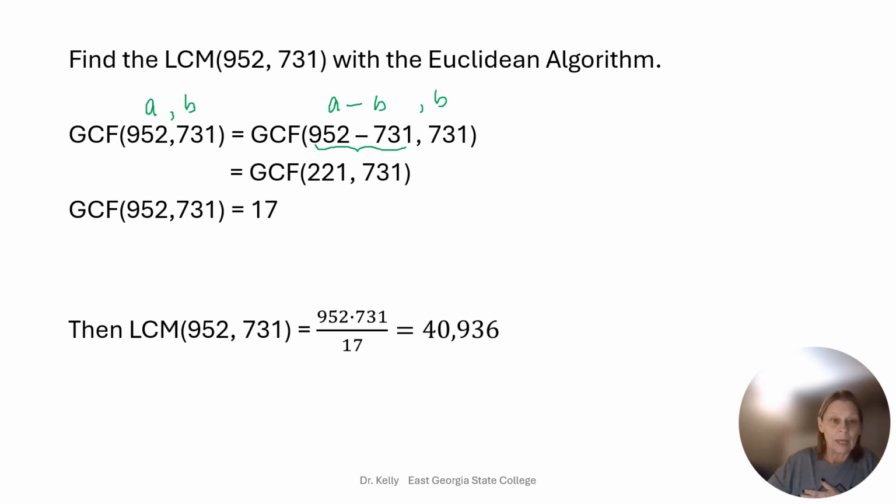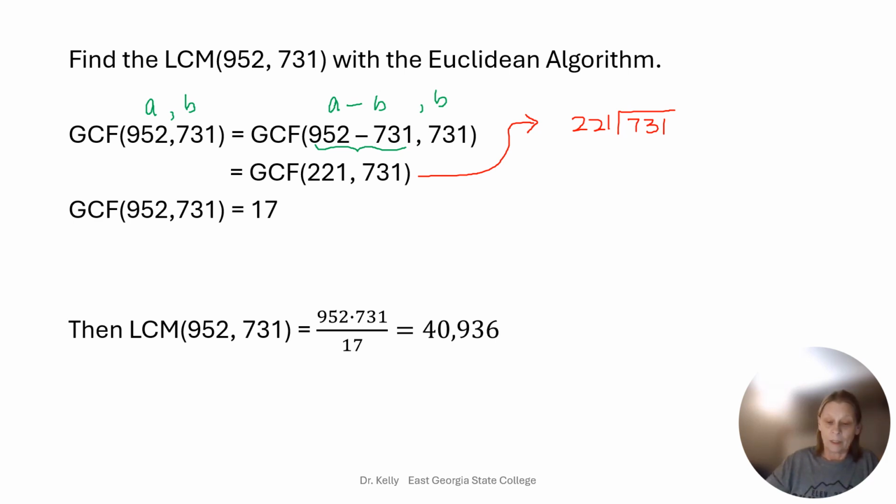I've done this first step just to make my numbers bigger. We could have jumped off right here at 952, but I was able to make the numbers a little bit easier. So at this point, I can go: 221 divides into this 731.